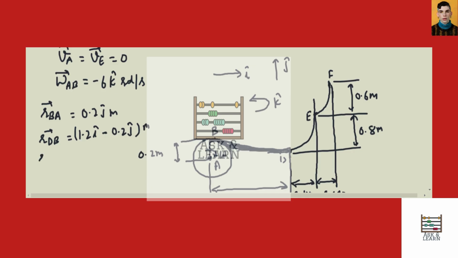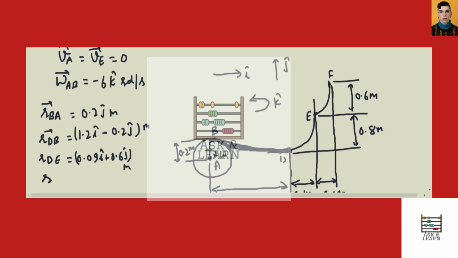The r_DE vector is 0.09 i cap plus 0.6 j cap meter. I am shifting this value a little bit so there will be no confusion. This is 0.2.